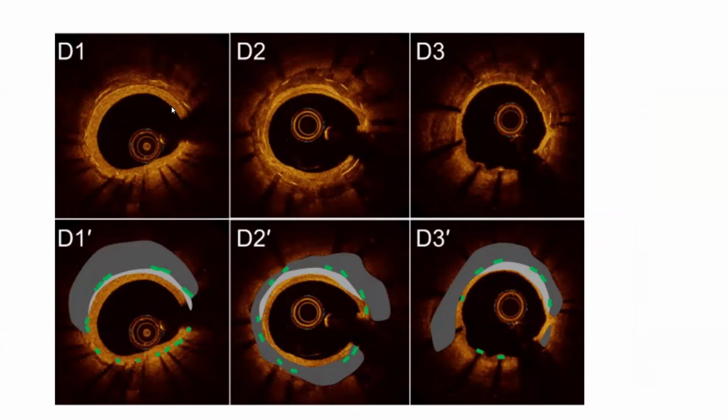This is a case where you have neoatheroma inside the stent, the bright yellow. You also have, deep inside the stent, that calcification, that dark area that is highlighted here in white. So you have calcified neoatheroma, you see it here.